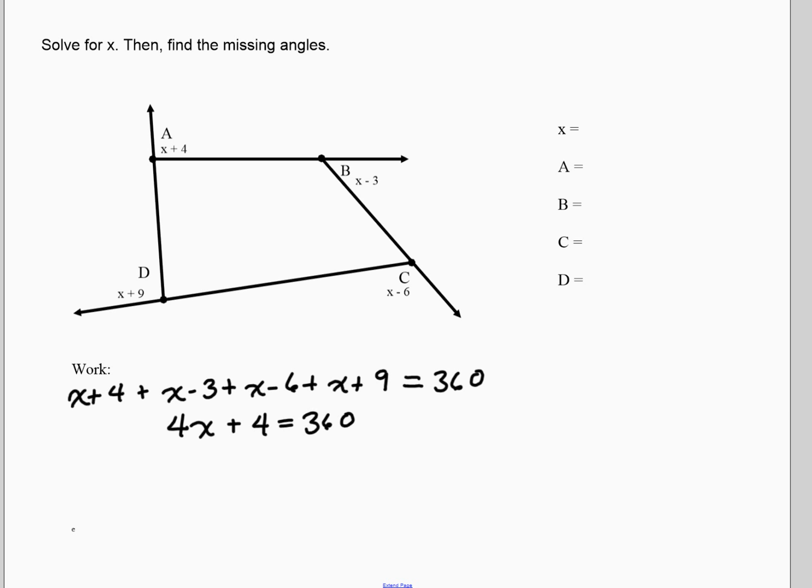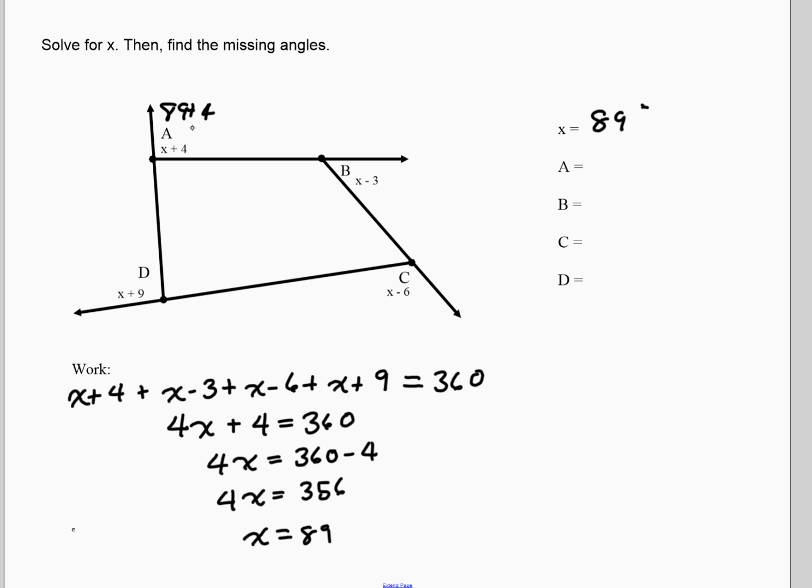Then I use my algebra skills to solve for x. First I'm going to subtract the 4, and I get 356. And then I'm going to do 356 divided by 4, and I'm going to get 89 degrees. So that means x is going to be 89. And then what I can do is substitute. So 89 plus 4 would be 93. So I know that that one would be 93 degrees.